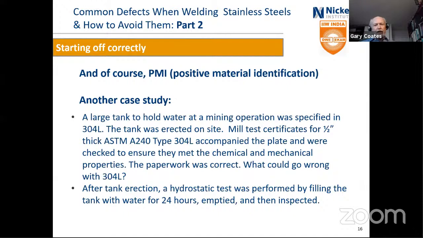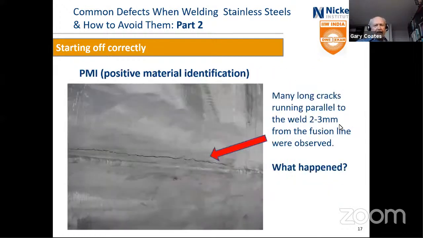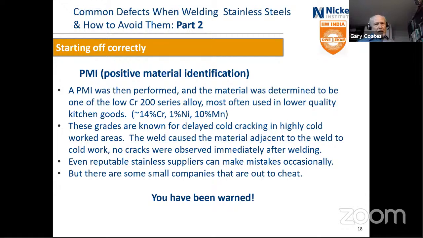Well, after tank erection, it was a large tank, they did it on site. They filled it full of water and then inspected it. And they had many long cracks parallel to the weld, 2 to 3 millimeters away from the fusion line normally. What happened? Was it the welder? What went wrong? Well, of course, when they did the PMI, they found out that it wasn't 304L.